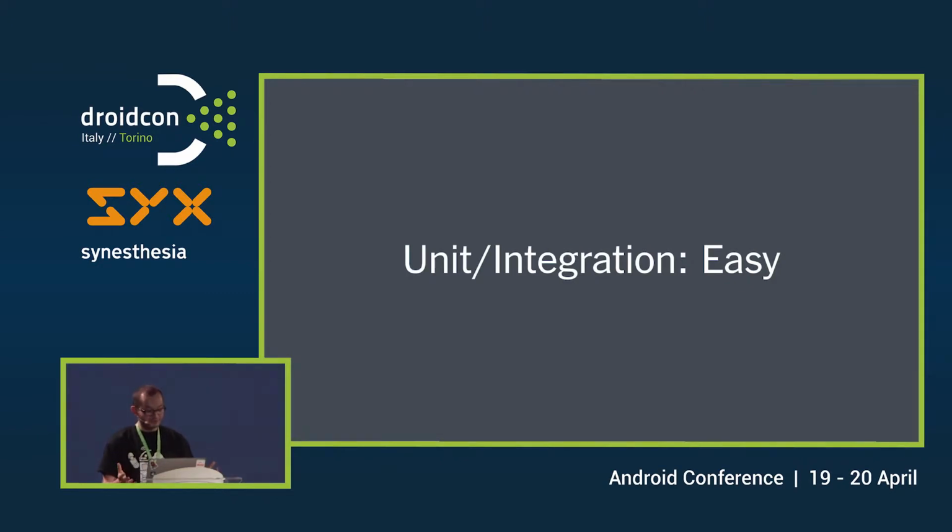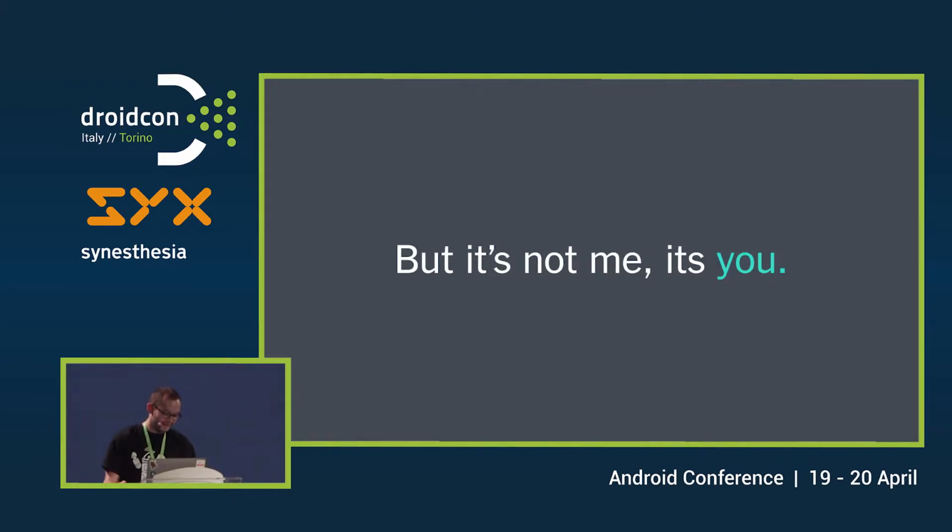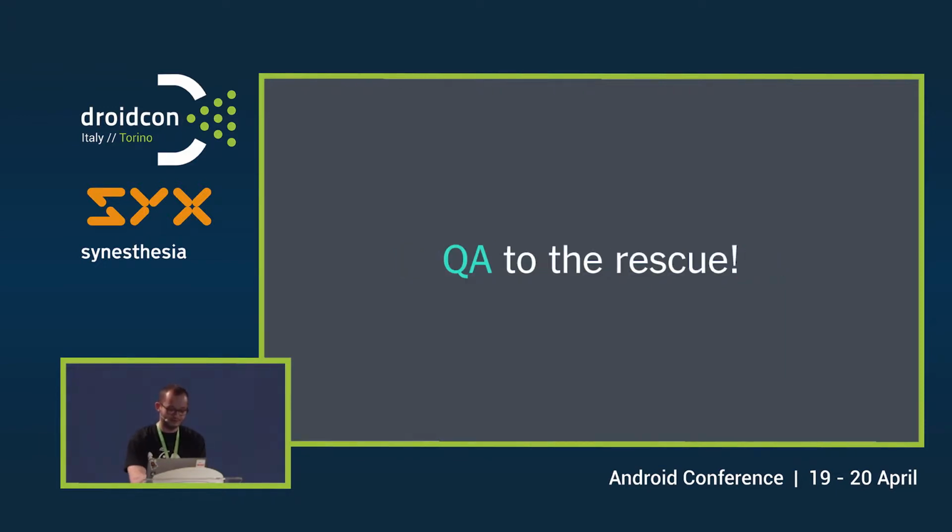In a perfect world, you would, and there would be peace all throughout the world, and no world hunger, and there would be no such things as bugs. Except that's not true, and bugs are a real thing. There are limitations to your unit testing, and that is you, the developer. You will run into situations that you hadn't accounted for.